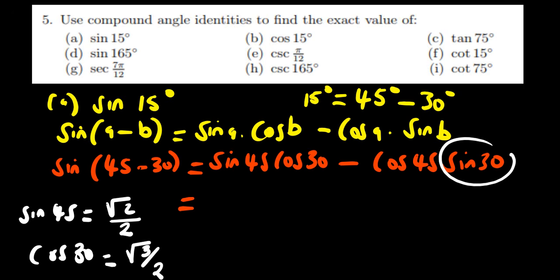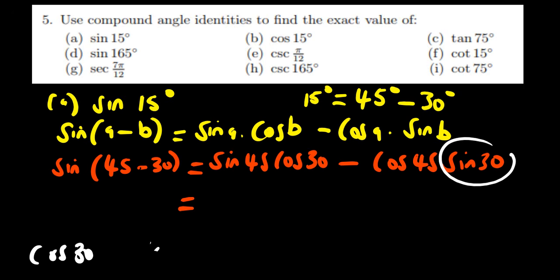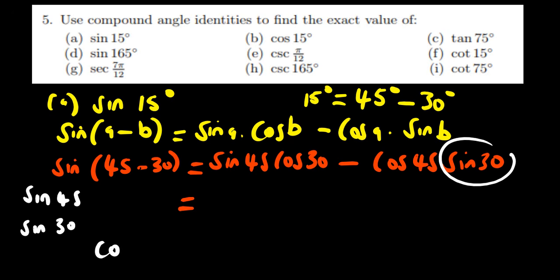Okay, so allow me to write them nicely so that we don't get confused. So let me start with the one for sine. So we have sine 45, we have sine 30, then we have cos 45 and cos 30. Okay, so let's put these to guide us so that we don't make a mistake. Sine 45 is the same as root 2 over 2.